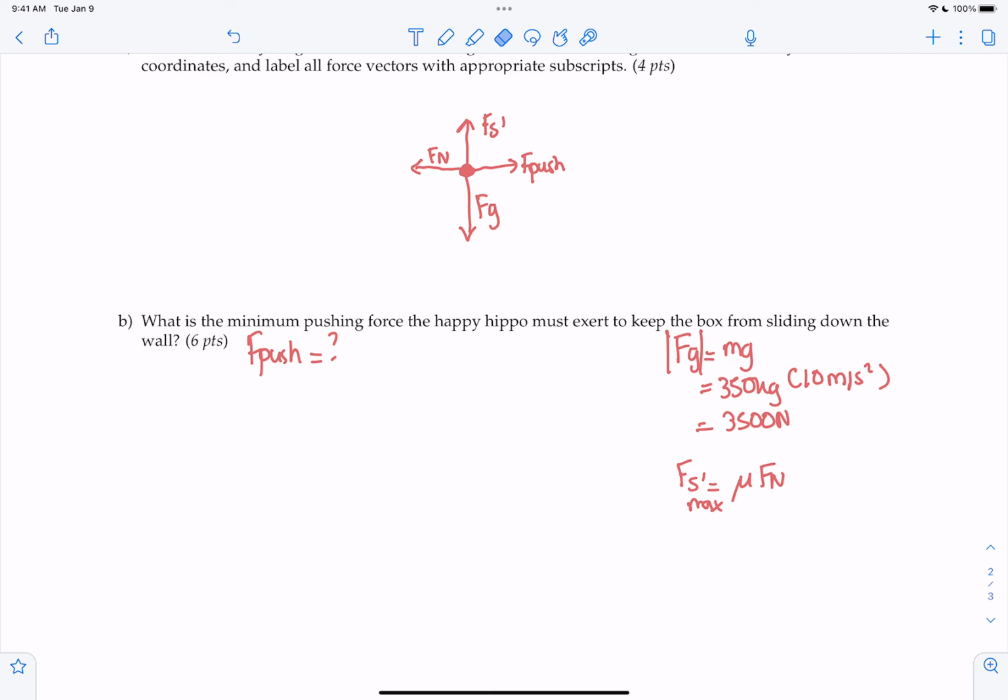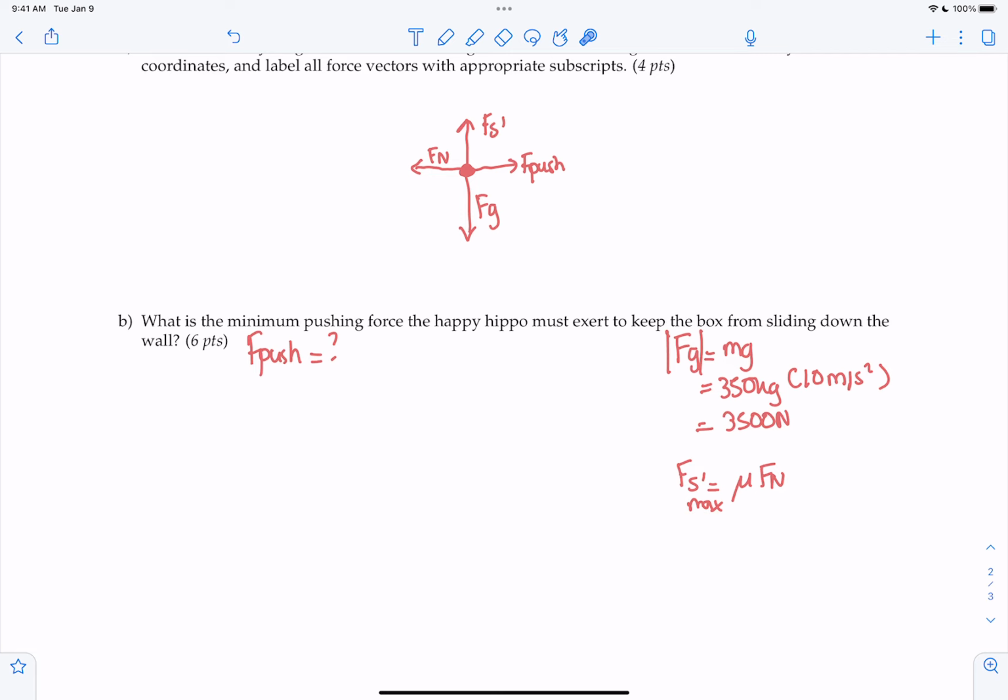If I push on it really hard, it's going to remain stationary. So if I start to relieve a little bit of that pressure, let's think about this outside of the physics context and more like real life. If I relieve some of that pressure from the box, what do you think will start happening to the box? Is it going to stay, or what's going to happen? It'll slip, right?